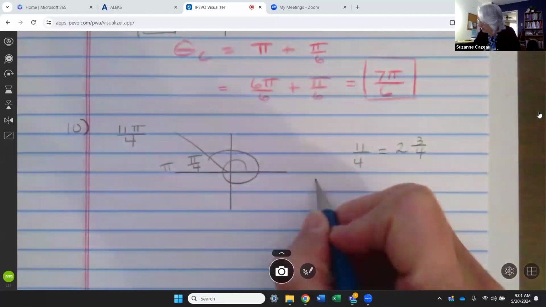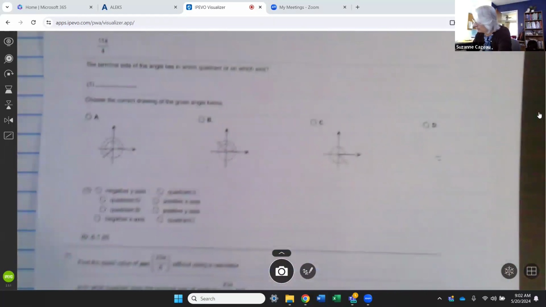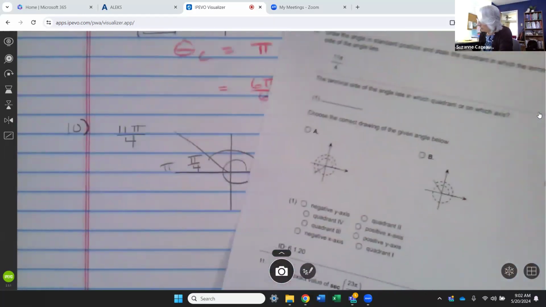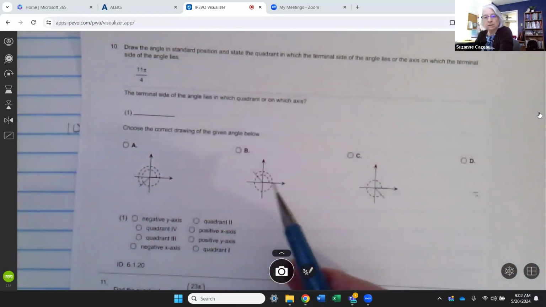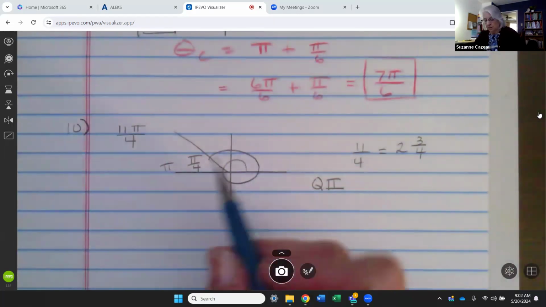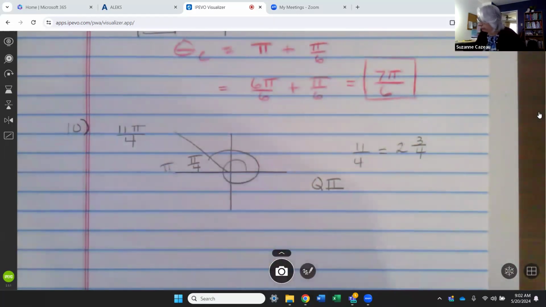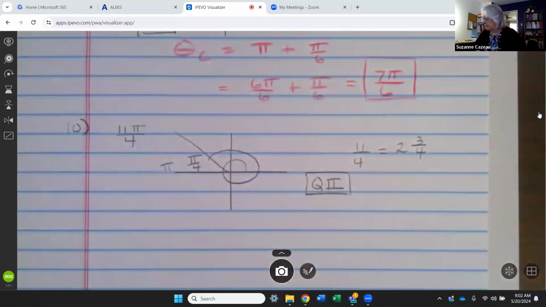So we're in quadrant 2. Oh, it chops it off a little bit, but yeah, it looks like this one here. So, yeah, quadrant 2.